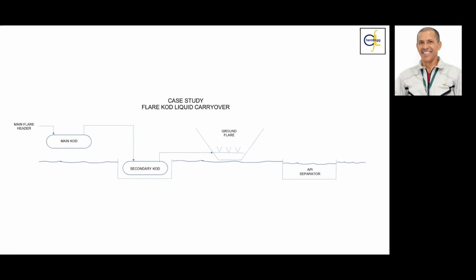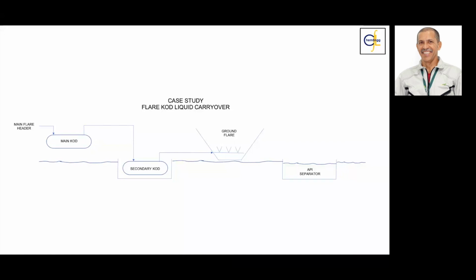Yes, but as this system has been sized and designed, this main knockout drum is the one that will receive all the liquid. This secondary KOD is to receive the potential condensing hydrocarbon from this line and from this line.